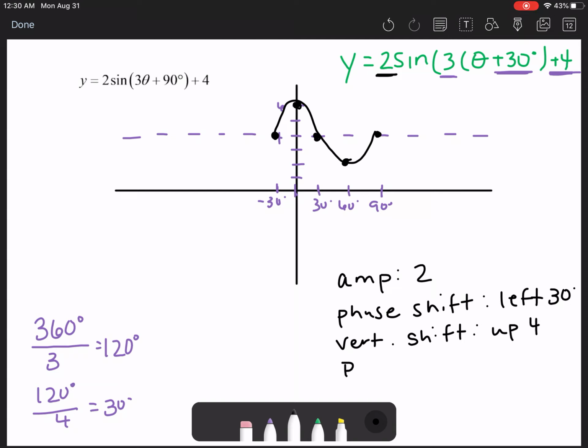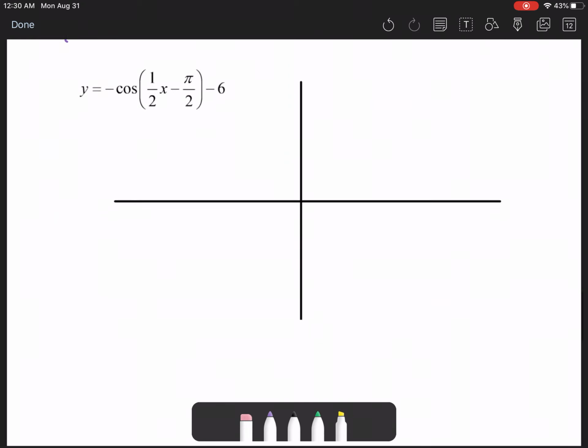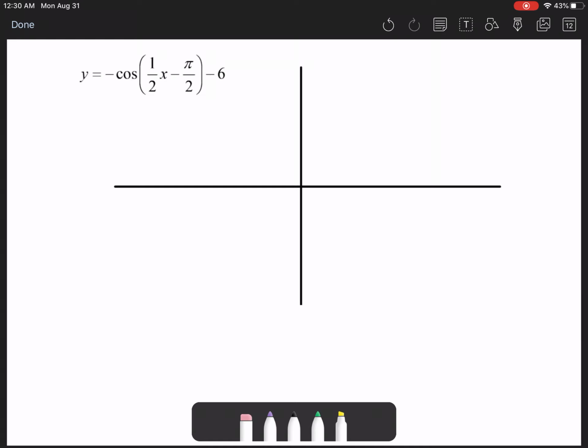We know that the new period of our graph is 120 degrees. Okay, all things I could ask you about an equation or about a graph that you've already taken care of. All right, let's look at one more, and then we're going to do one evaluating one.